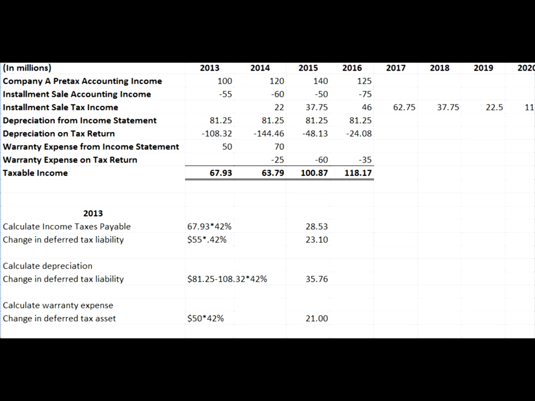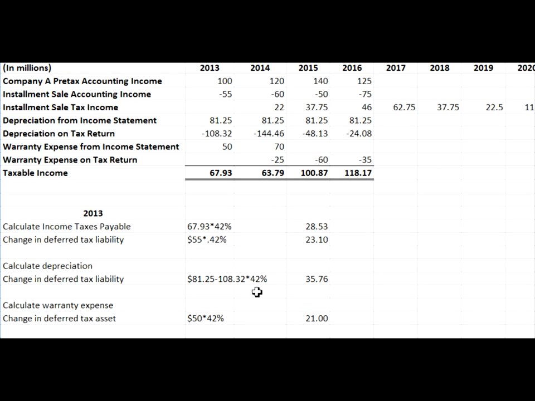Now we have our, scoot this down some so you can see better. Next we have our income tax payable. And we know from the calculation that it's this much here.